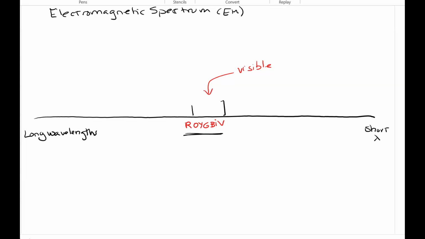So on this end we have violet. Just to the right of the violet light is UV, which is ultraviolet. And then on the left side of the visible spectrum is the infrared. So we have red and then the infrared, which is usually abbreviated IR.